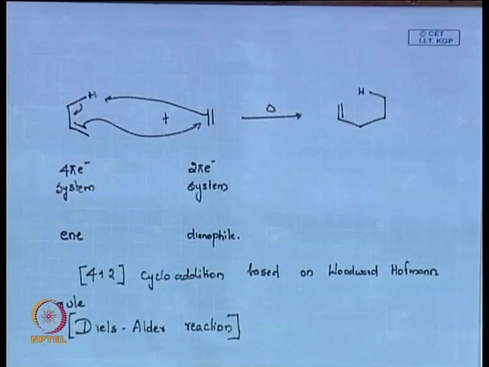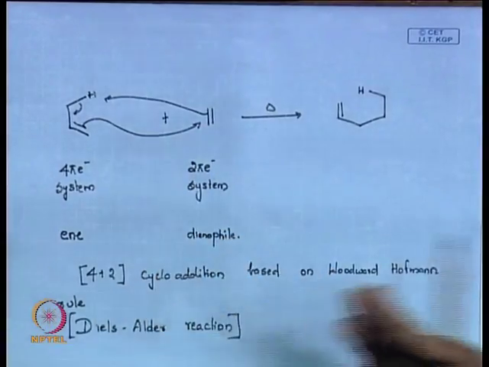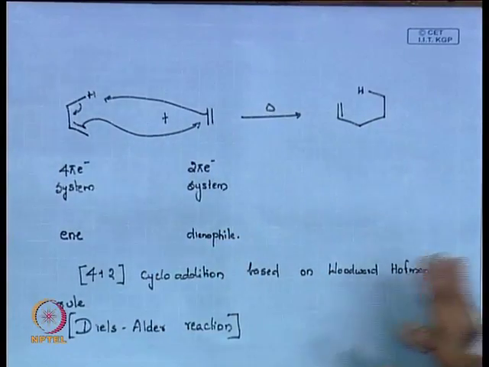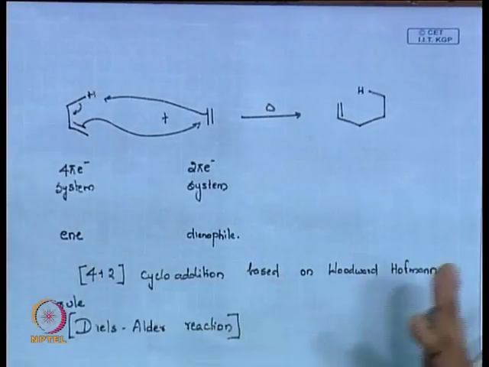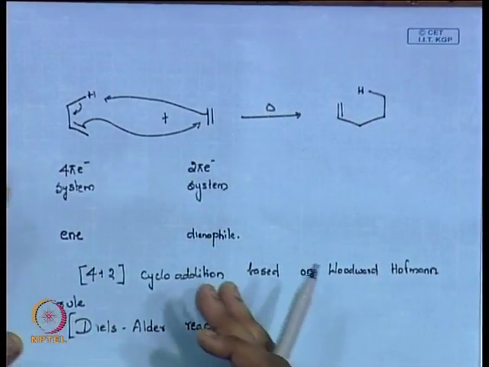So, you can look at your Ene reaction as a 1,5 hydrogen shift mechanistically, and in another way, with respect to substrates, you can look at this reaction more like a 4 plus 2 cycloaddition, similar to your Diels-Alder reaction. Two ways of looking at this Ene reaction. It has some similarity with your 1,5 hydrogen shift, and it has similarity with your Diels-Alder reaction. Clear? Okay.